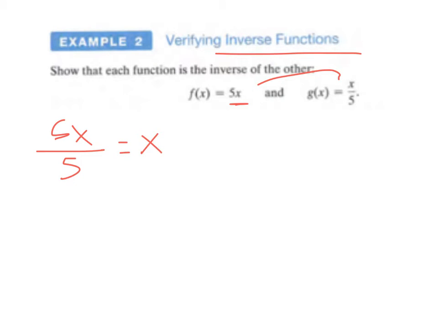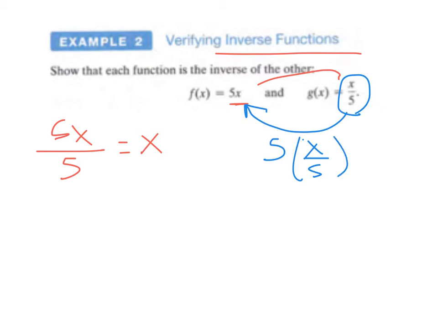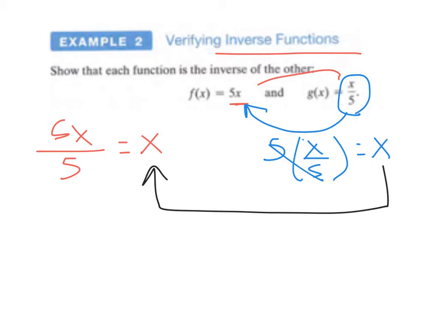Then if I do the same thing the opposite direction, if I take this whole thing and substitute it right there, 5, and then I'm going to substitute x over 5, and when I cancel out the 5's, I get x. When these two are x, you have what's called an inverse. If they're anything but an x, it's not.